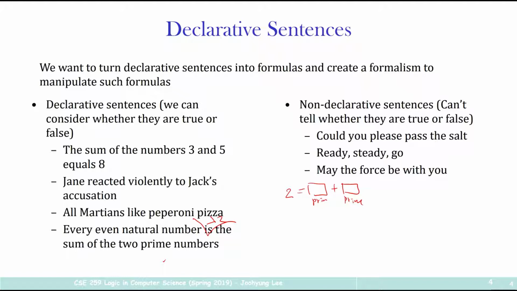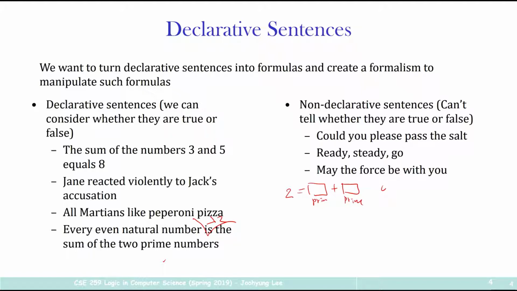Like I say, 2 is equal to 1. Yeah, so that example is no longer a counterexample to this, because what we said is if the number is an even natural number that is greater than 2, then that can be represented as the sum of 2 prime numbers, right?